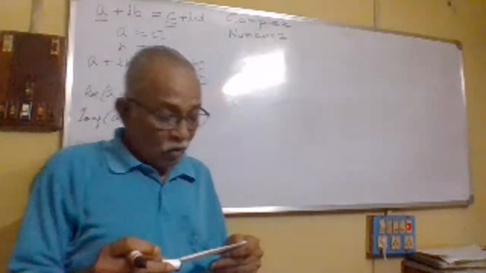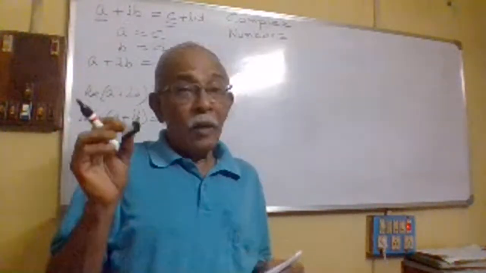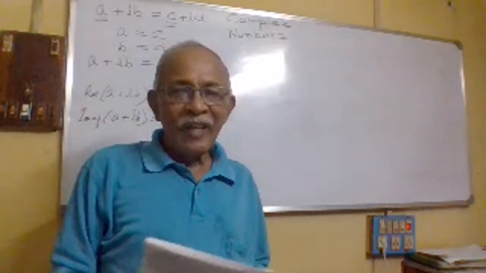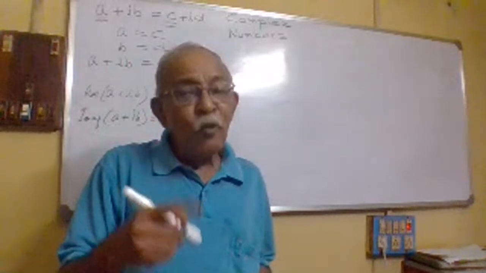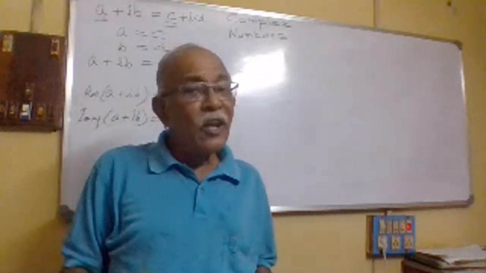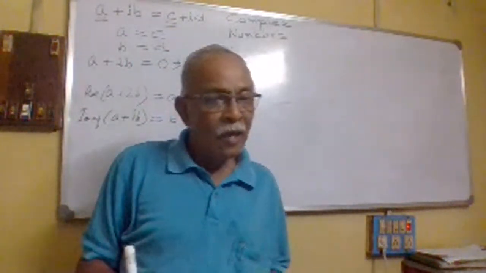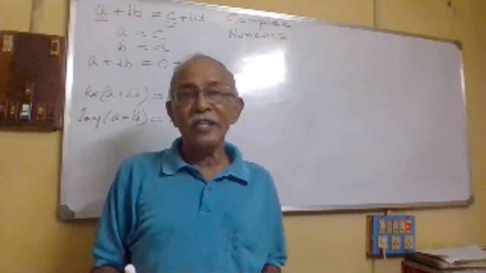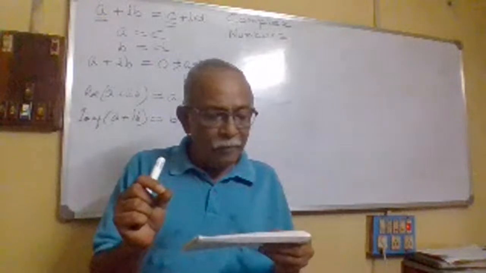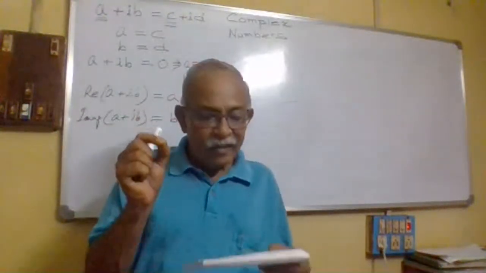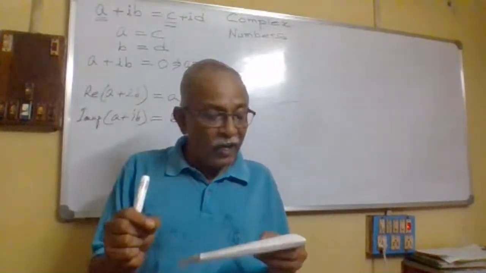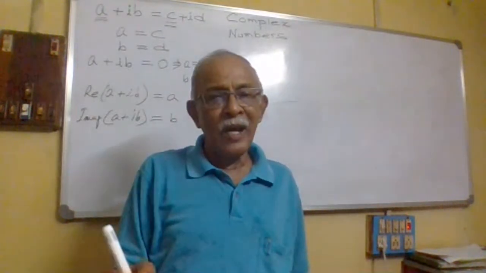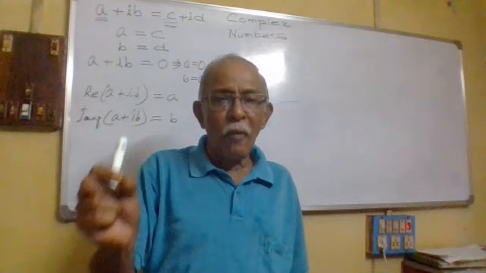Now, the properties I will say, try to understand, and if you can remember, you will get some advantage. If you can remember, you will always be in an advantageous position. The algebraic sum, difference, product and ratio of two complex numbers is always a complex number.